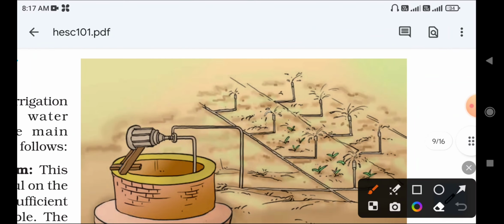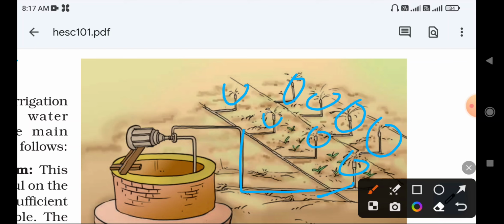This figure explains it in detail. These have perpendicular lines that pass through the field, and they have nozzles. The nozzles rotate, and the water is dropped on the surrounding crops.